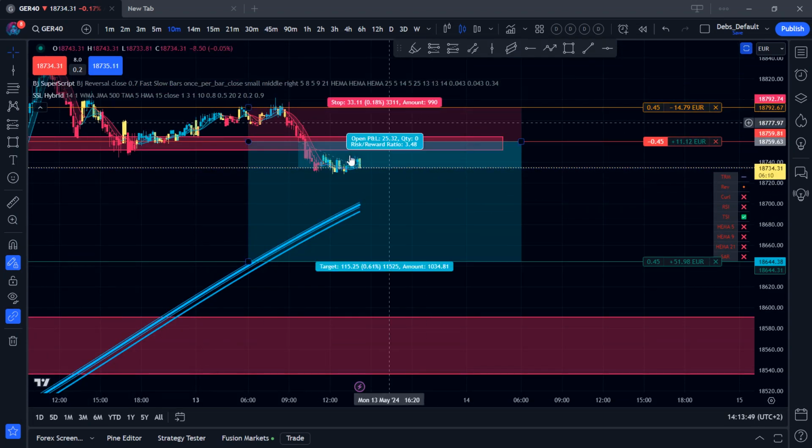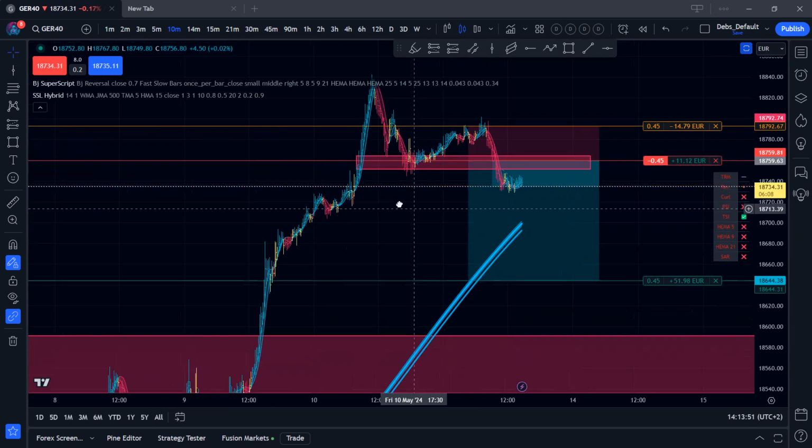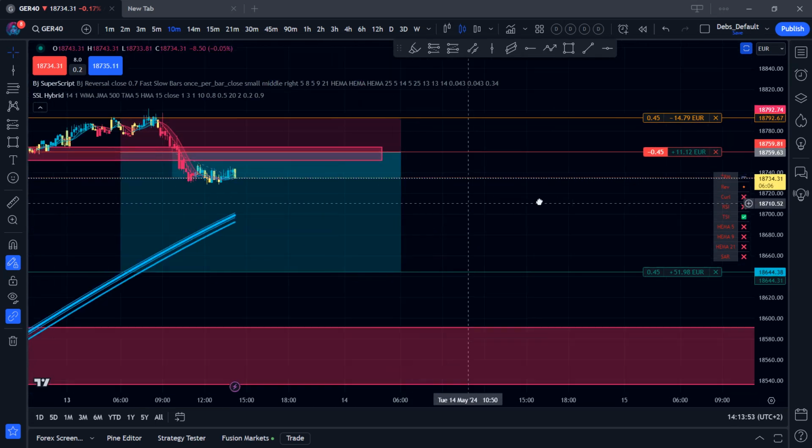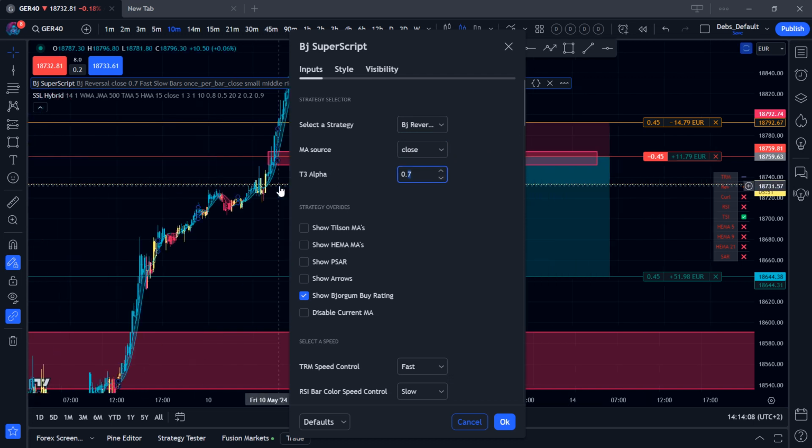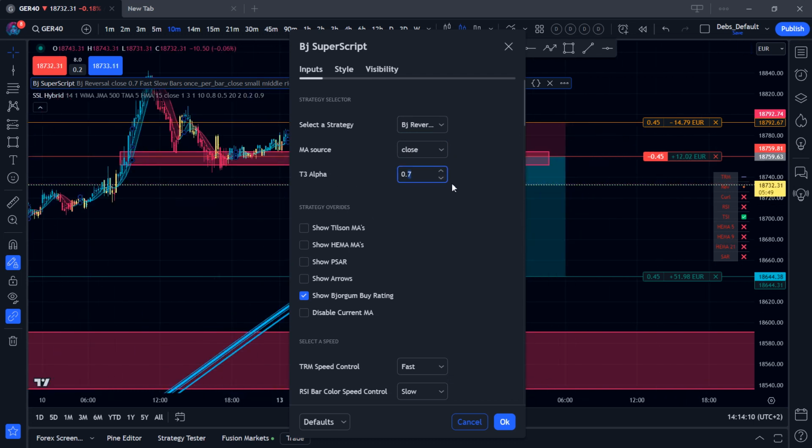So first, I'm gonna show you all the settings, so that in case you wanna replicate my style as well. So here we go for the BJ superscript. I have this strategy selected on BJ reversal. That's all you need to know. There's multiple others, but this one is the one I use. You can change this setting right here.